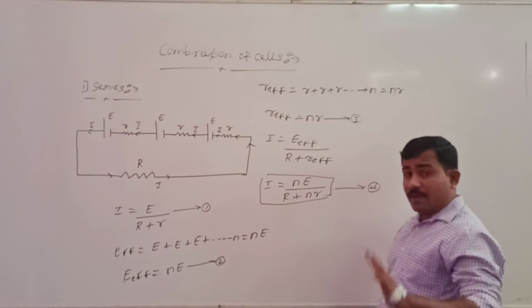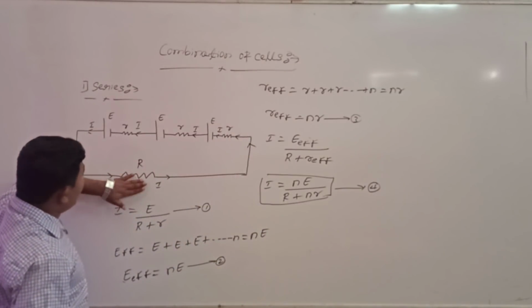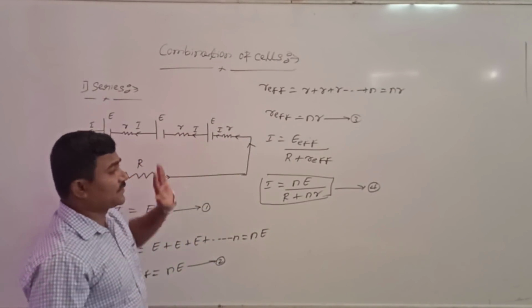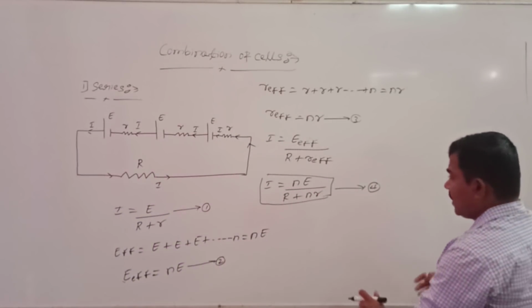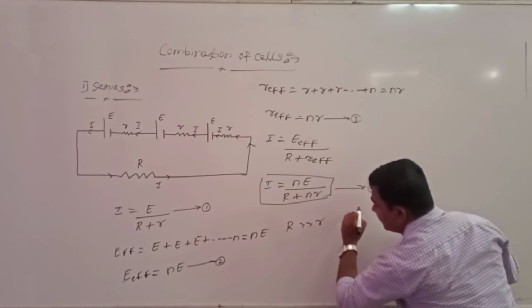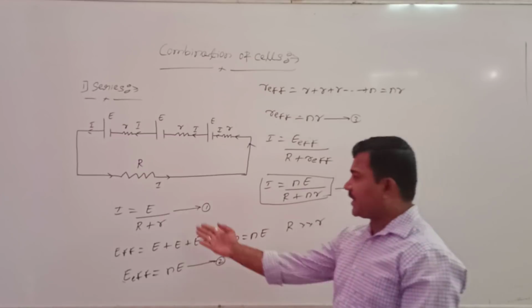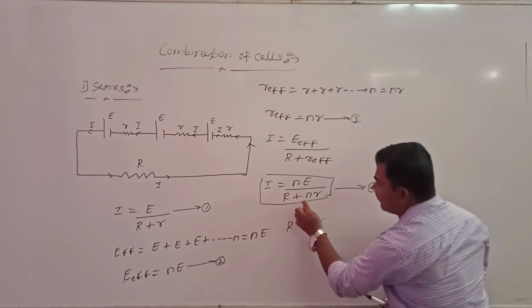Look at me. If the external resistor is very much larger than the internal resistance, then what about the value R plus n into small r?